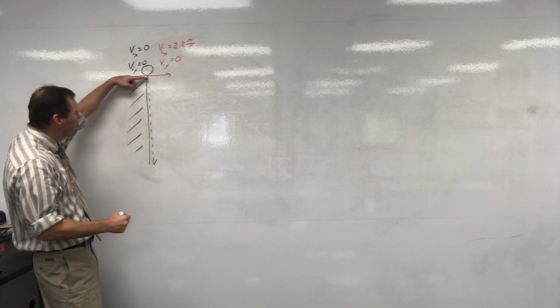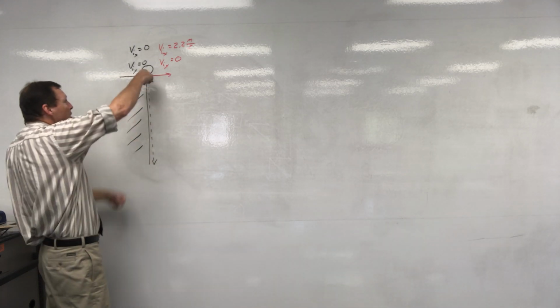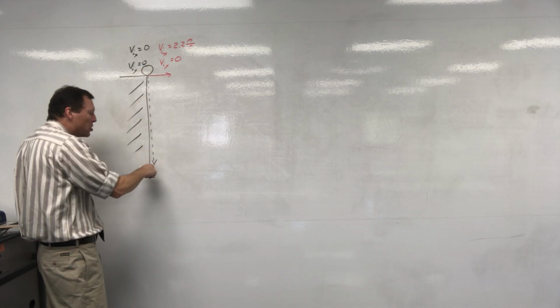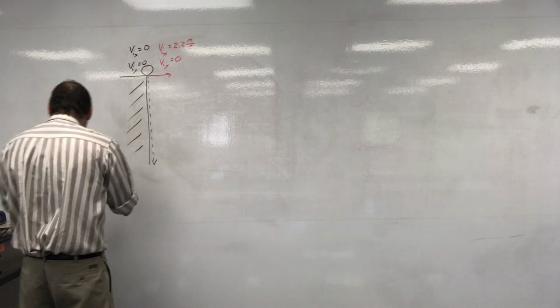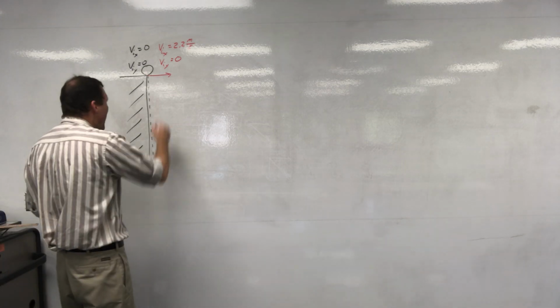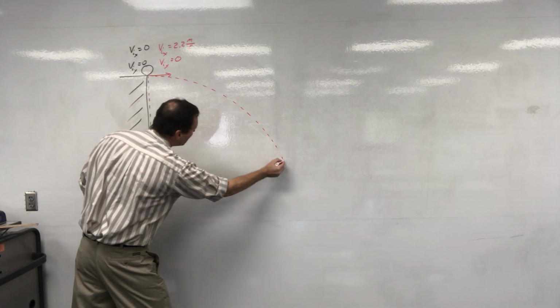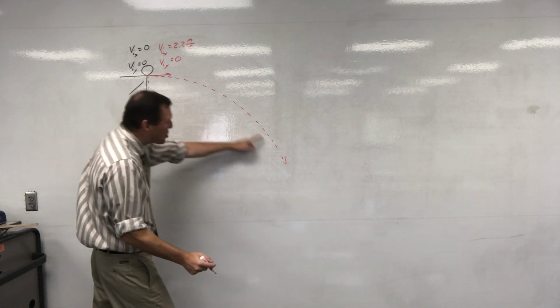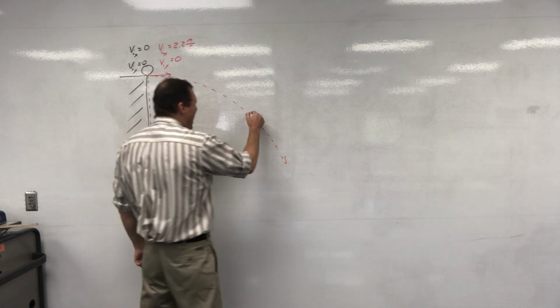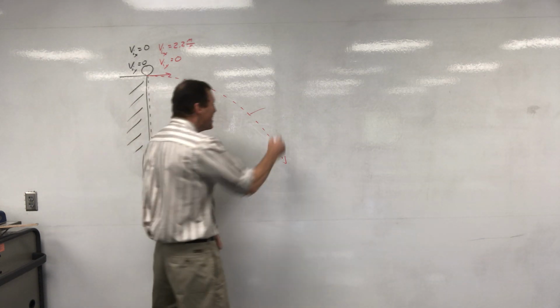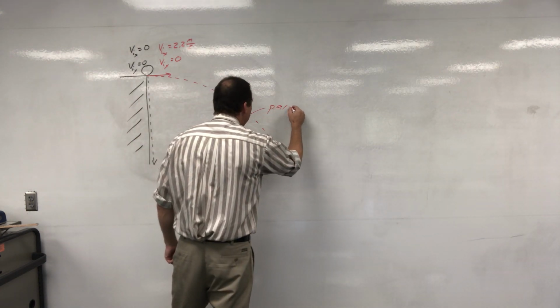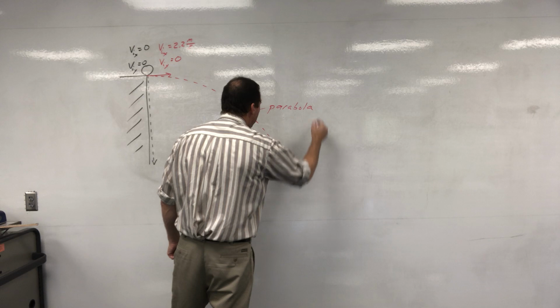So this is the path or trajectory the ball that just fell vertically took. The other ball, which was launched horizontally, did this. This was the path it took. And that path, mathematically, is known as a parabola.